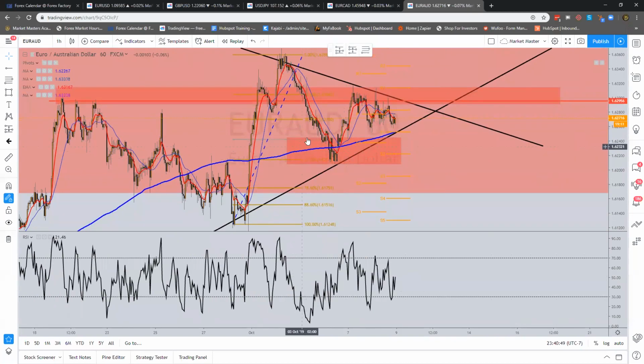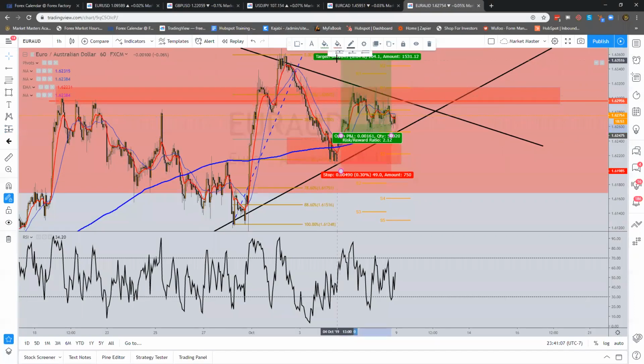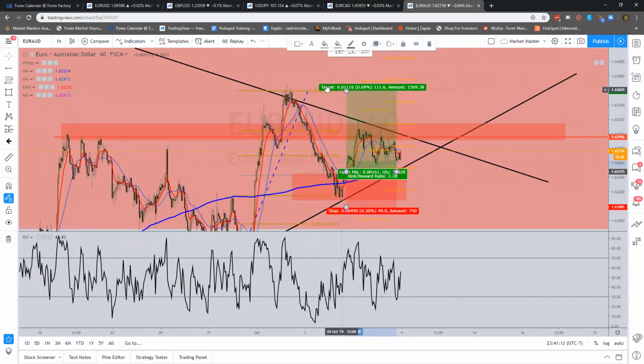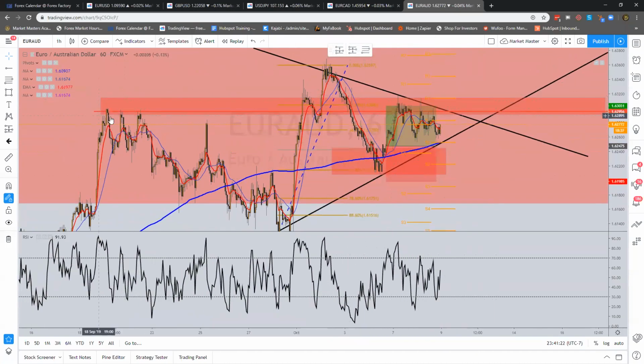But you'll usually always see the price hit 50 to the 61.8. I always put stop loss below 61.8, take profit at these levels up here. So it would look something like this. Entry there, stop loss down here, take profit 38.2, 23.6, 00. Usually you do see price go to 00 because that's like a resistance. If it goes to negative 27%, that's usually a sign that it's most likely going to be reversing, because you usually see that when it's doing a left shoulder, head, and then right shoulder here.